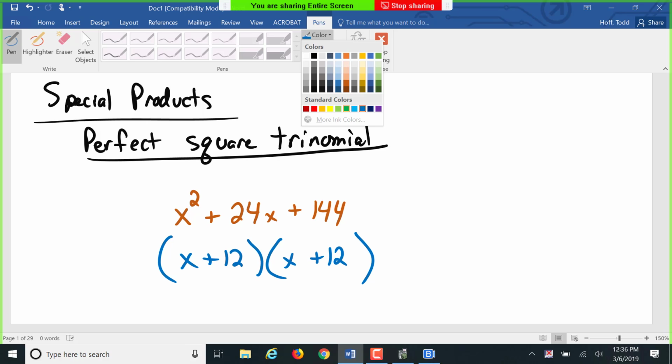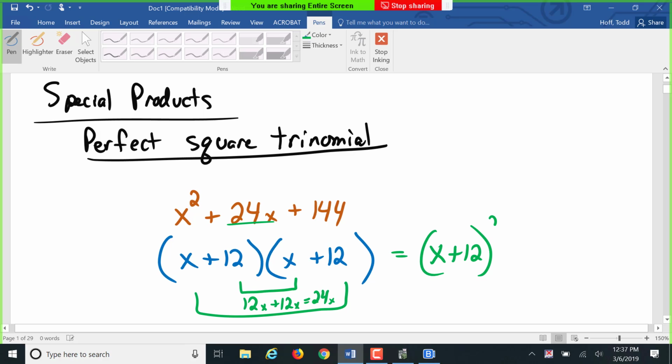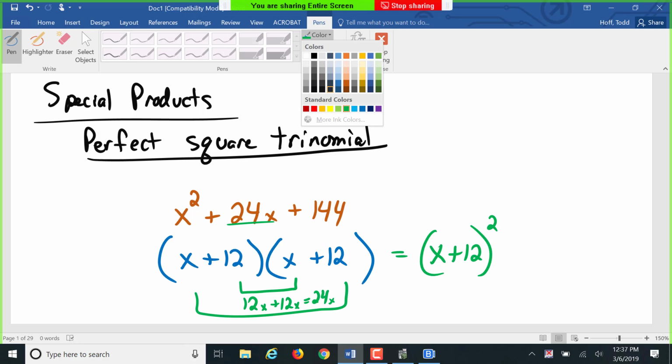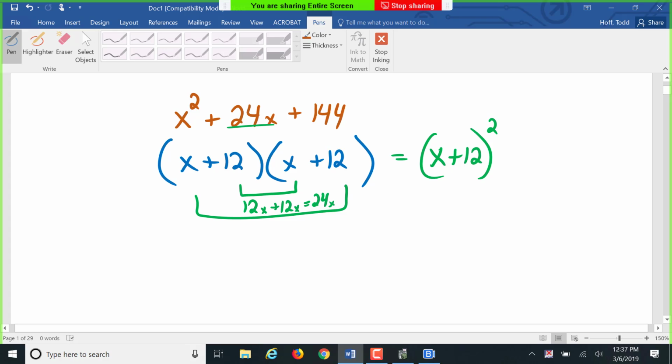And if we double check that, we have 12x on the outside and 12x on the inside gives us the 24x. So having x plus 12 times x plus 12, we know that that is x plus 12 squared. So that's a perfectly fine way of going about factoring that out.